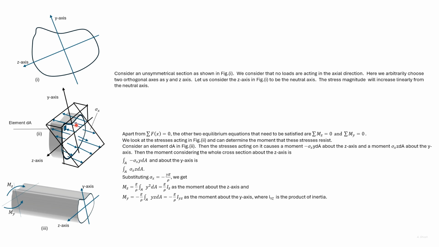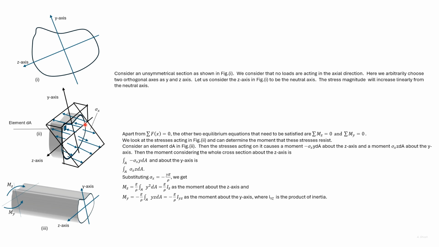Consider an element dA. Then the moment that the stress acting on the element causes about the z-axis is minus sigma x y dA. And the moment that the stress acting on the element causes about the y-axis is sigma x z dA.